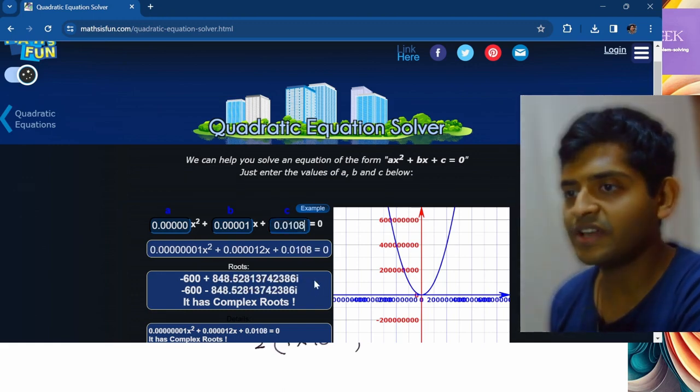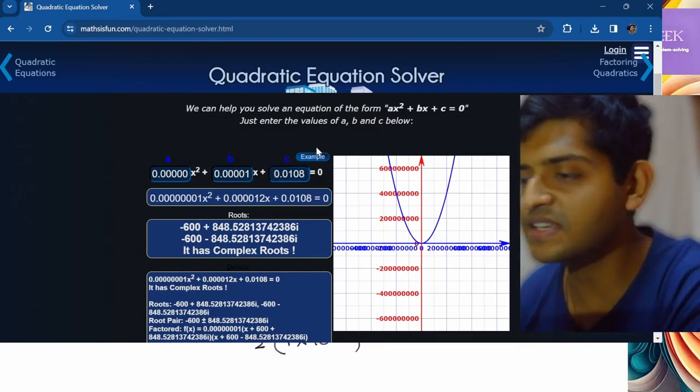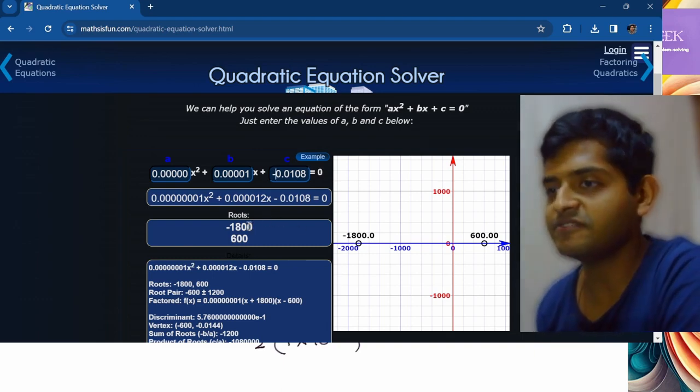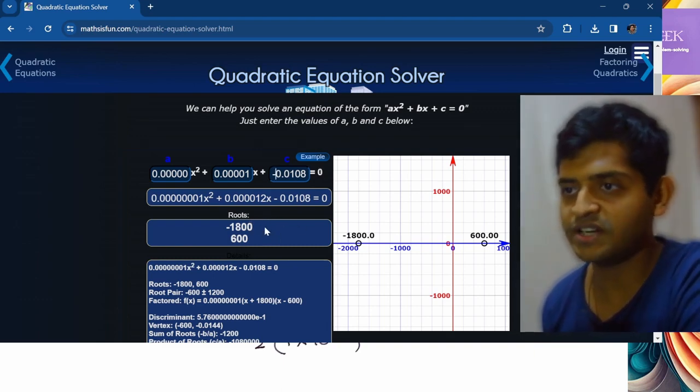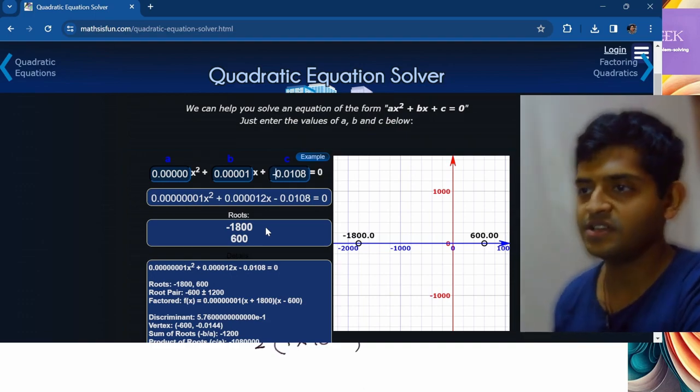So if we put these values, we can clearly see that C is minus 0.0108. We can very easily find the roots. See, the roots are displayed: minus 1800 and 600.